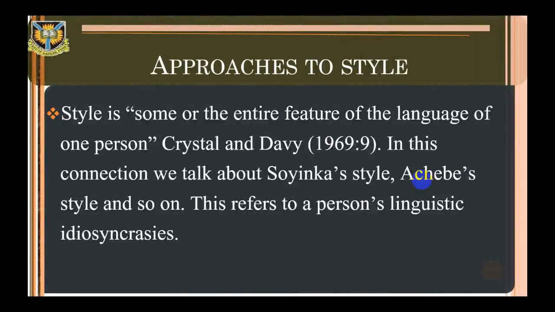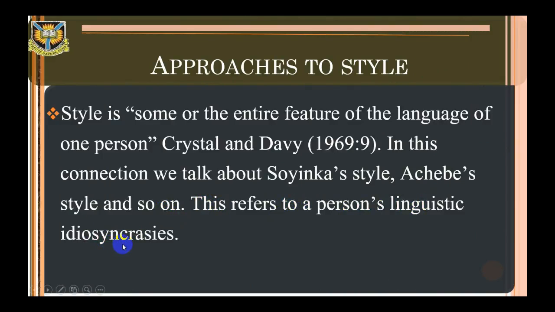Style is some or the entire feature of the language of one person. Crystal and Davy, 1969. In this connection, we talk about Soyinka's style, Achebe's style, and so on.